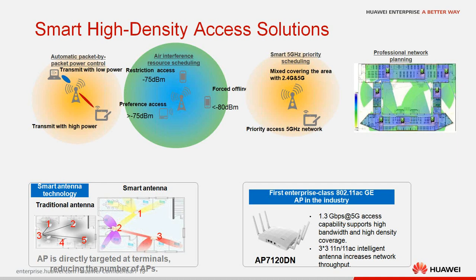Huawei's WLAN solution has priority scheduling on 5 gigahertz. A lot of other devices, like your microwave, Bluetooth, and Zigbee, use 2.4 gigahertz. So we give priority access to our 5 gigahertz network, which again reduces interference coming from those devices.